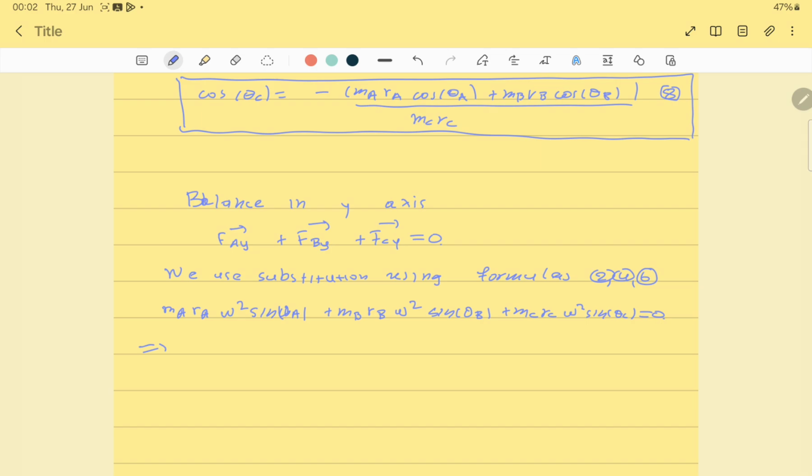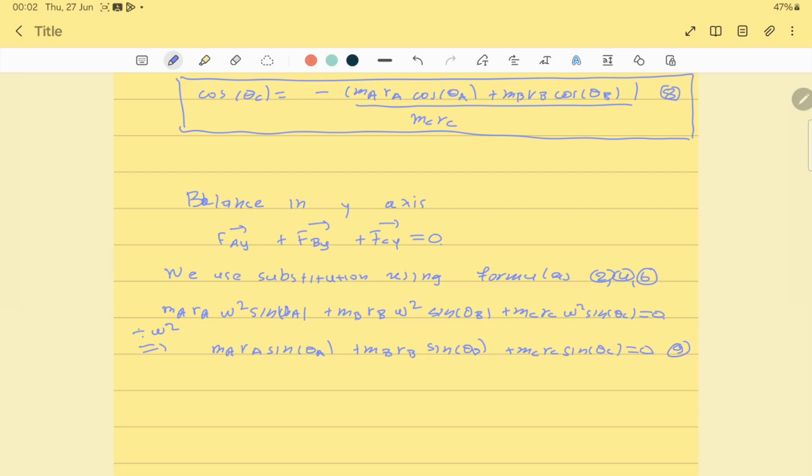We can divide by omega squared. We have MA RA sine theta A plus MB RB sine theta B plus MC RC sine theta C is equal to 0.